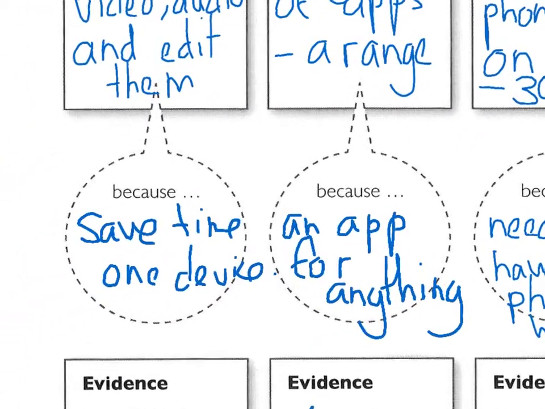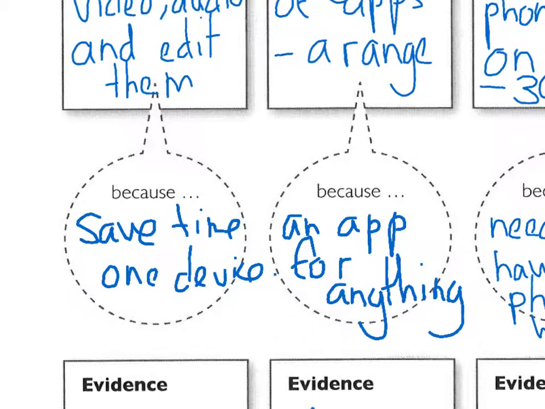Now with each of these I need to give reasons why they're a good reason or a good objection. So for this one, it's good that it's one device to use for video, camera, audio, because it saves lots of time, and you don't need lots of different devices, you can just have one device. And the fact that there's a range of apps, there's almost an app for anything you can think of that will assist you in your life.